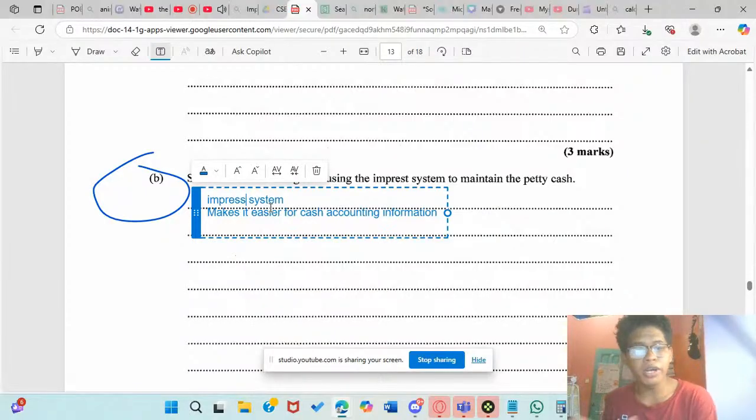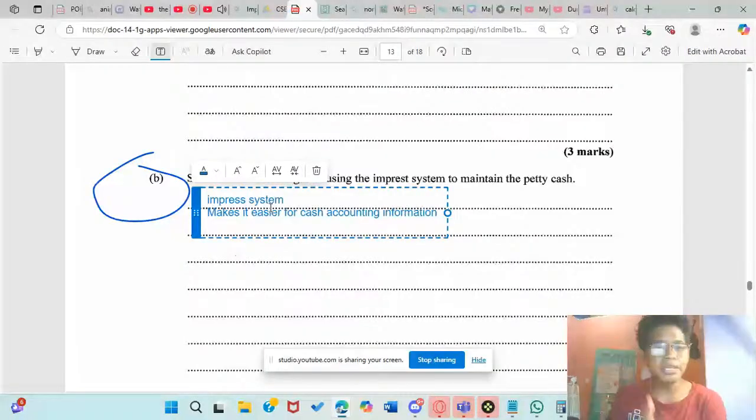While the cash book and the Imprest system are similar, the main difference is the amount or the longevity of how much cash transaction it could actually hold. So the Imprest system regards microtransactions, while the cash book records bigger transactions. That's the main difference that I really want to get out there. So without further ado, let's actually answer it.